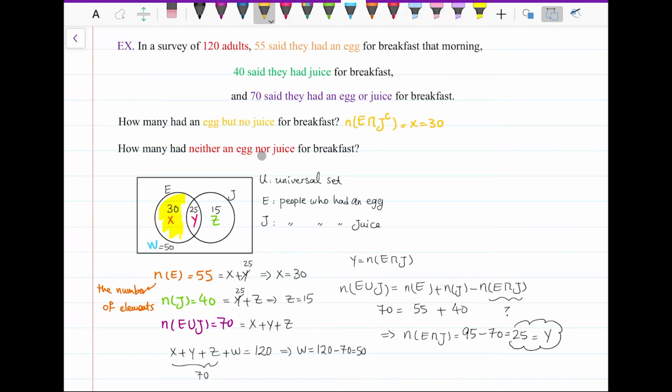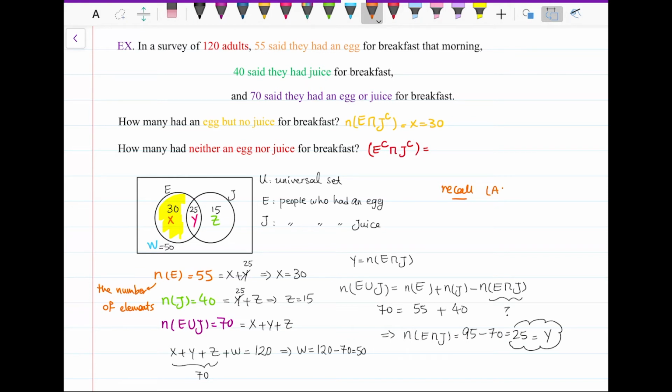That's what we got. How many had neither an egg nor juice? What does this one mean? They had no egg and they had no juice. It's this: E complement intersection with J complement. What is this? If you remember De Morgan's law, let me give you a small recall.